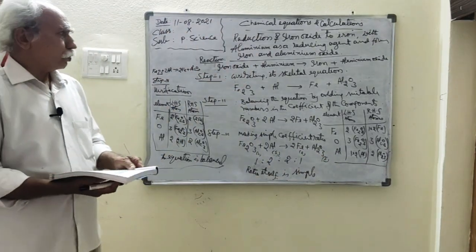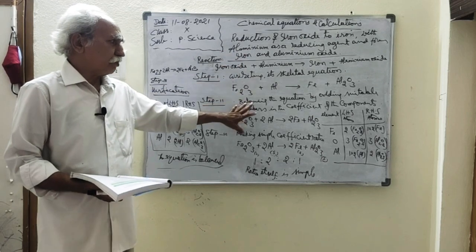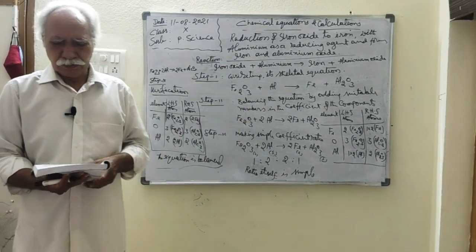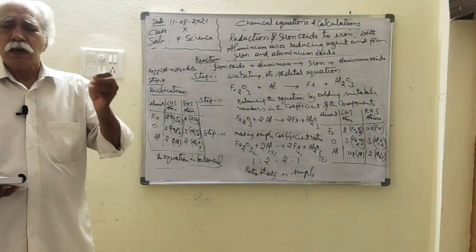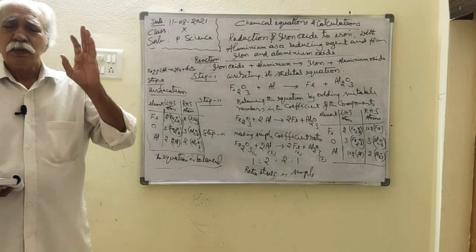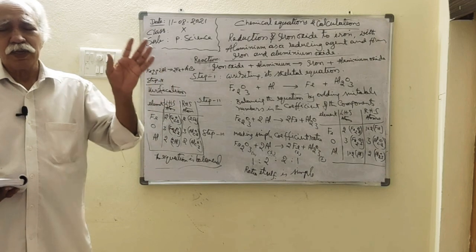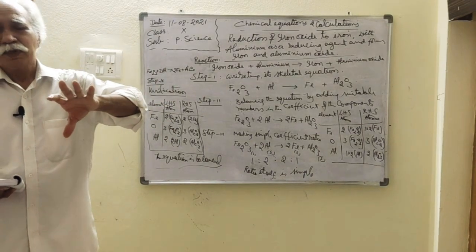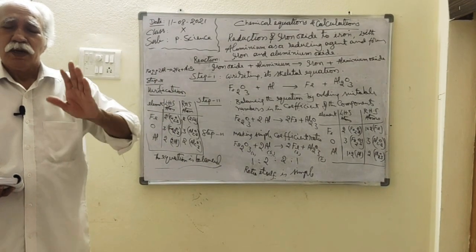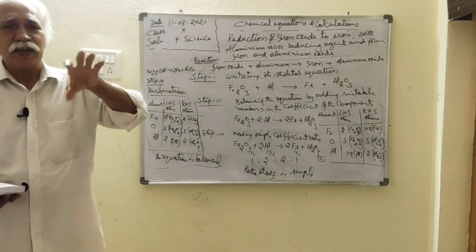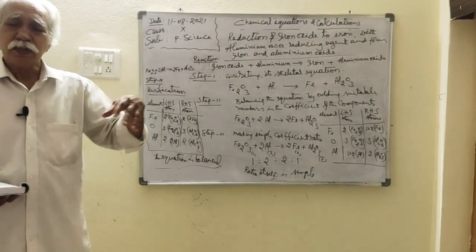So by knowing this balanced equation, we know how many atoms of each element participated in the reaction, and they are forming the same number on the product side, and how these atoms are realigned, how they are grouping, that we can find out.